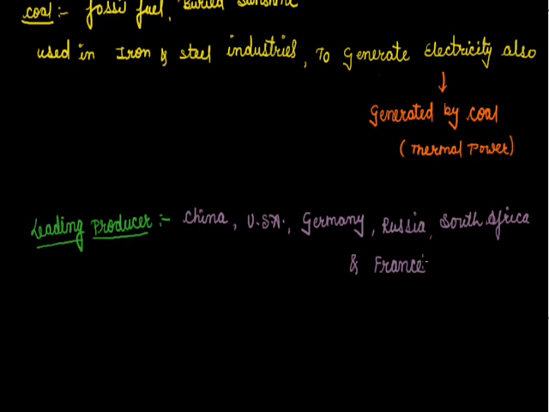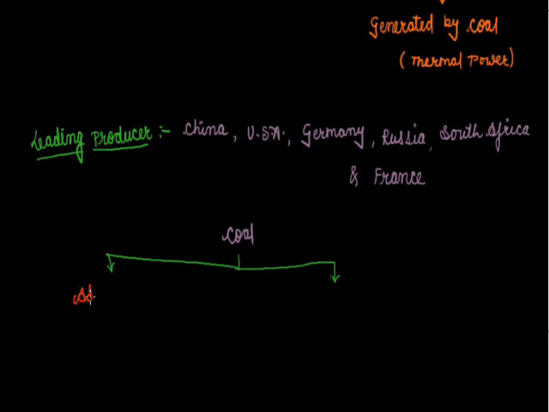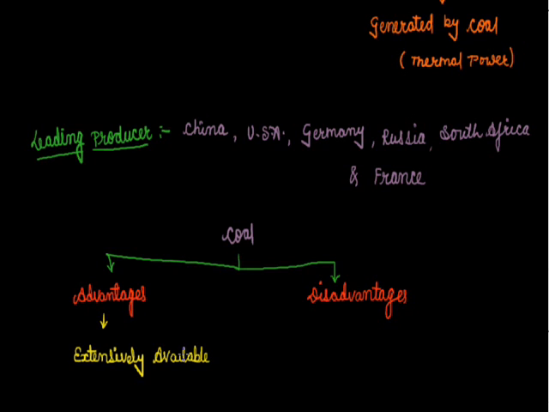Let me discuss the advantages and disadvantages of coal. The very first advantage of coal is that it is extensively available. That's why it is cheaper than other sources.